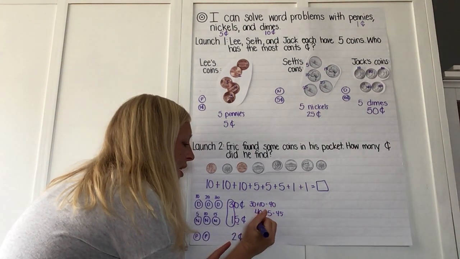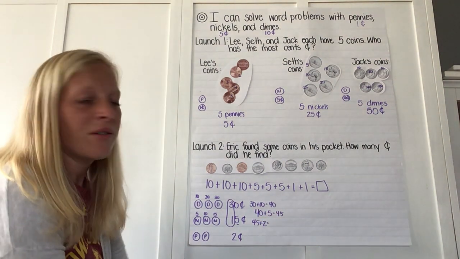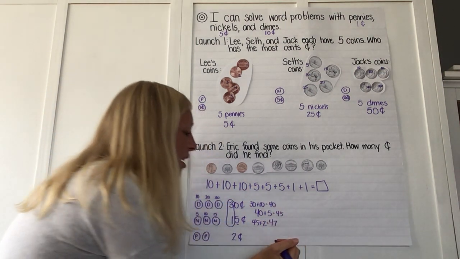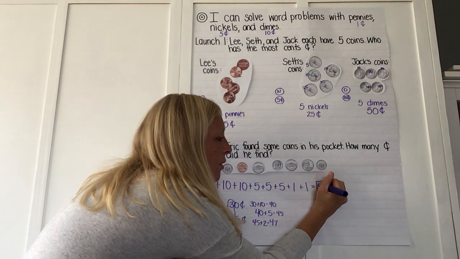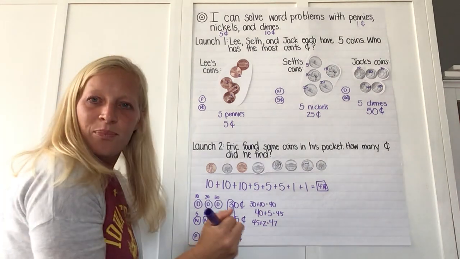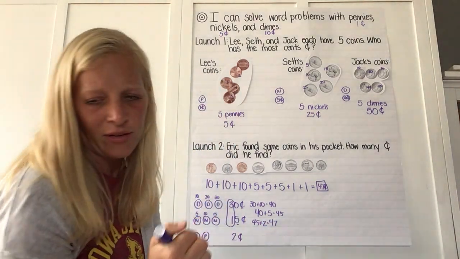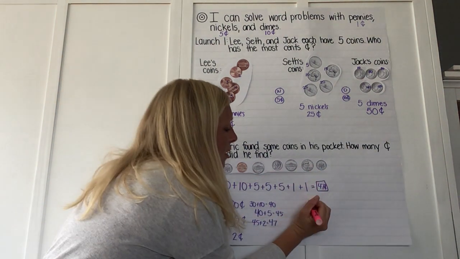You had to say 45 plus 2, 45, 46, 47. And so how many cents did you have altogether? 47 cents. Somebody else did something different. Oh, I'm going to use a different color for this. Tell me about what you did. Yours looked a little different.